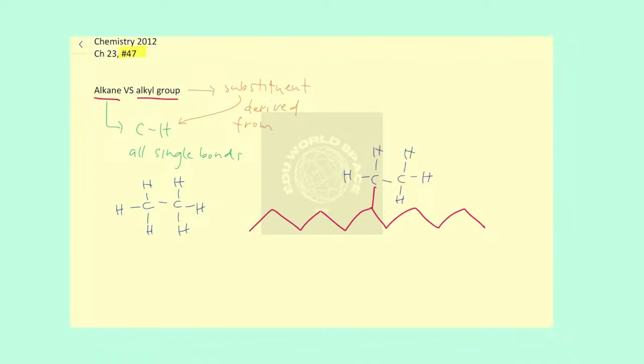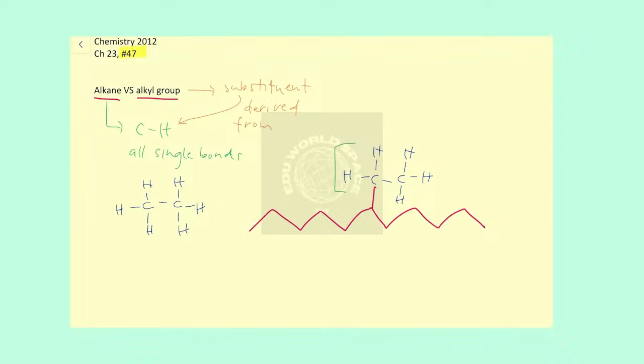We call it an ethyl group. It is derived from the ethane, but since it's now connected to a larger molecule, we call it an ethyl group. That's the same for every single alkane and its corresponding alkyl group. Also, something to notice is that the alkyl group is missing one of the hydrogens, because it's now connected to the larger molecule. Hopefully that helped clarify the difference between the two terms.